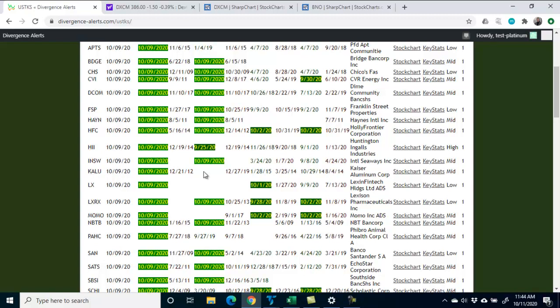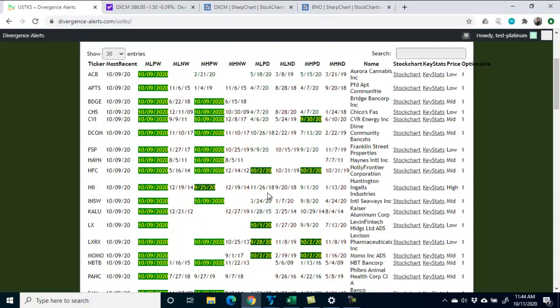What is hard to see here is the percentage change, how this stock did lately, particularly when looking at a weekly signal. You want to know which ones had an up day Friday or which ones had a down day, because you kind of want the current price action to be going in favor of the divergence.